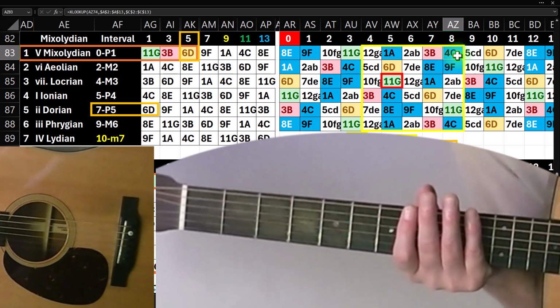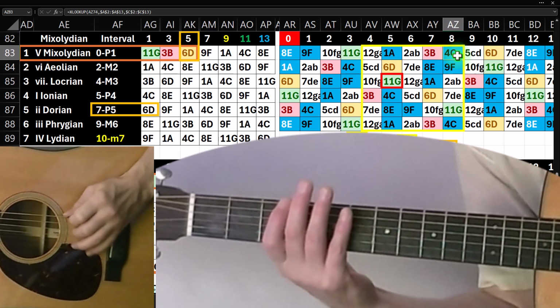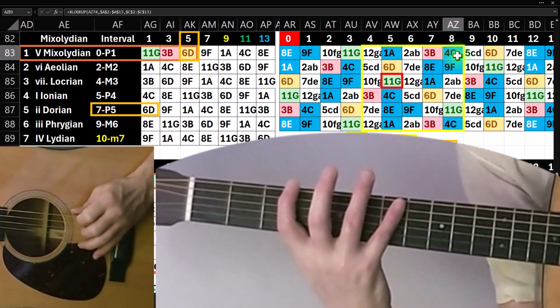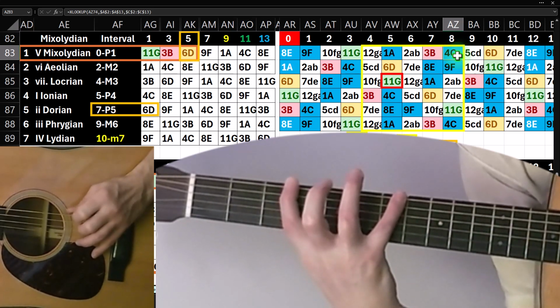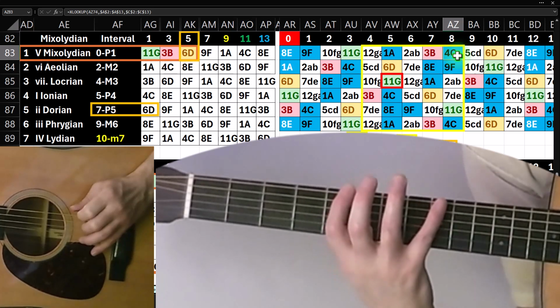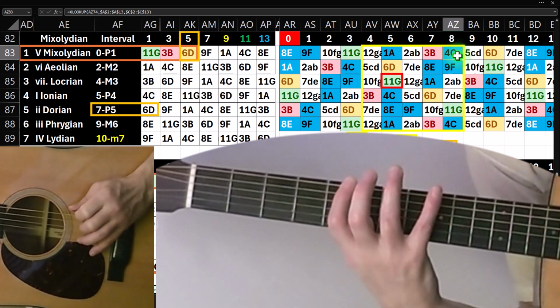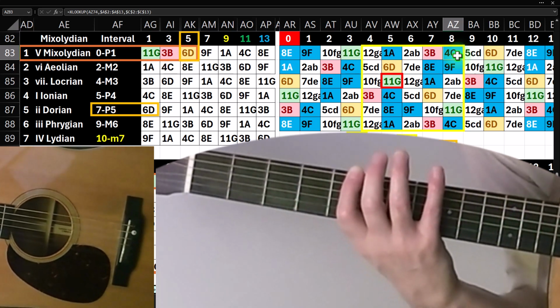So that might not be the most popular choice for a major blues, but it gives you that reach. So if you can reach up here on this part of the guitar, you'll be able to do it more easily on this other part of the guitar. So I think it's a really good place to practice with. So that's the general idea.